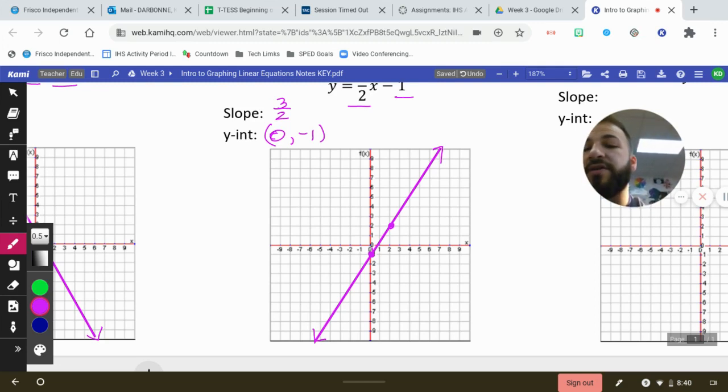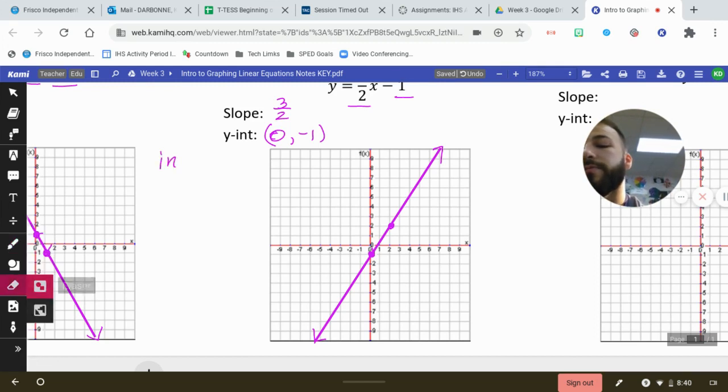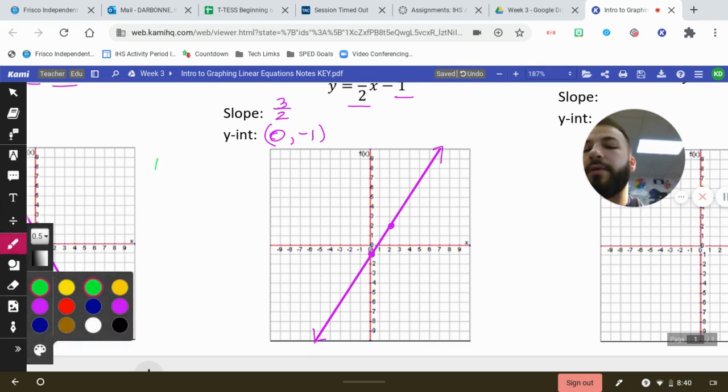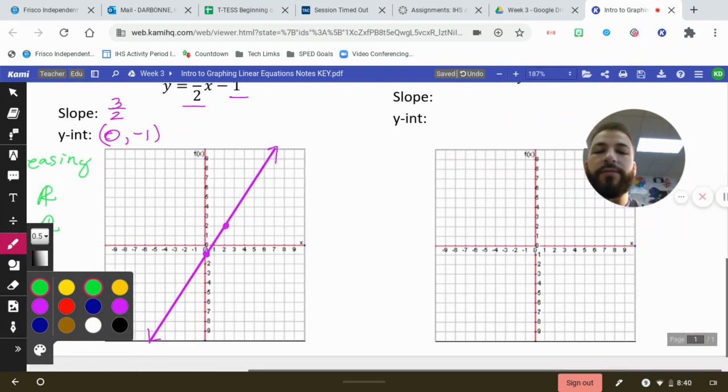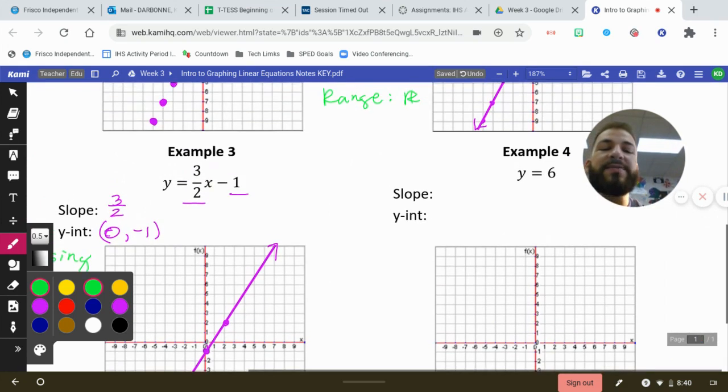Increasing or decreasing, this one would be increasing. My domain would still be all real numbers, and my range would still be all real numbers. Pretty straightforward.